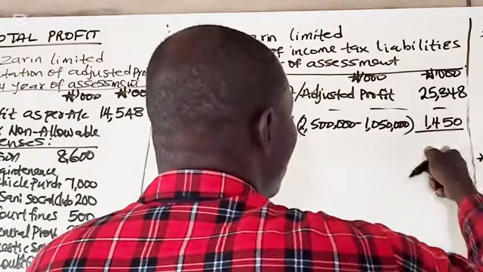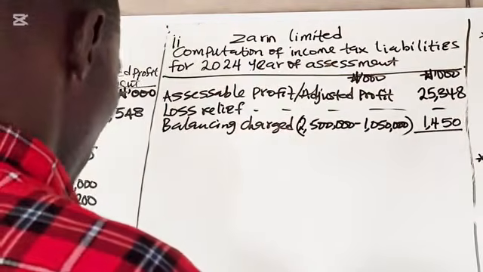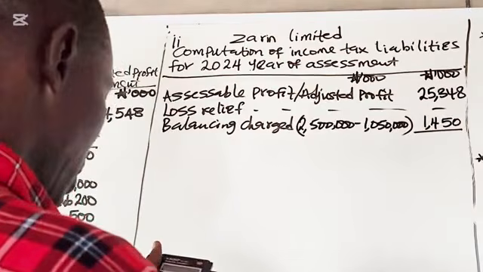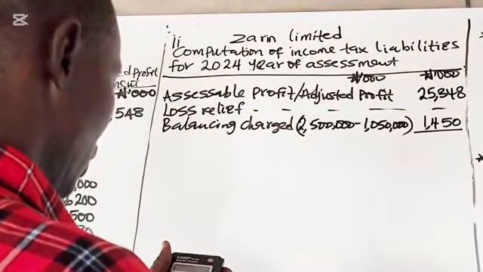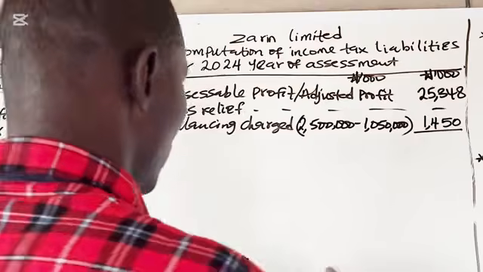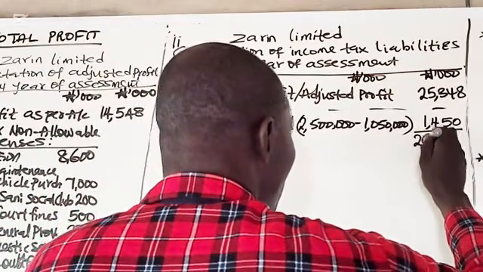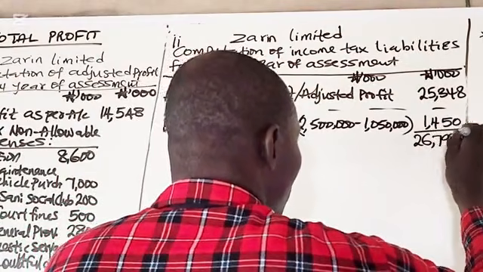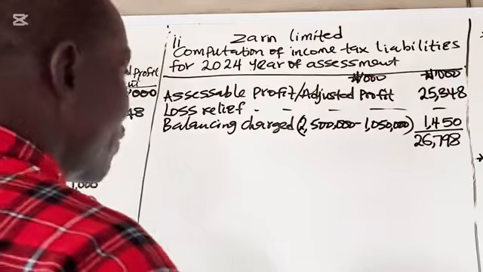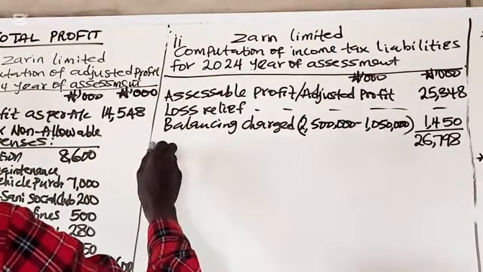If you add it to the assessable profit of 25,348,000, we have 26,798,000.